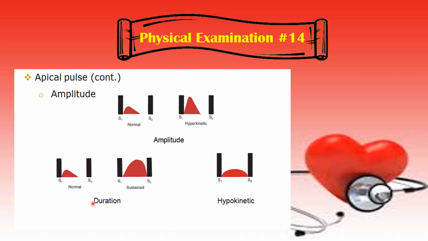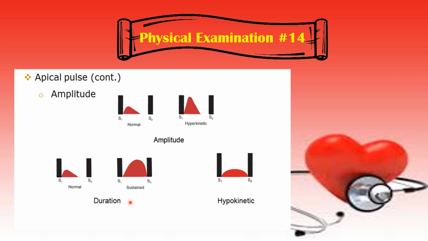For the duration, this is the most useful characteristic of the apical impulse for identifying hypertrophy of the left ventricle. To assess the duration, listen to the heart sounds as you feel the apical impulse, or watch the movement of your stethoscope as you listen to the apex.